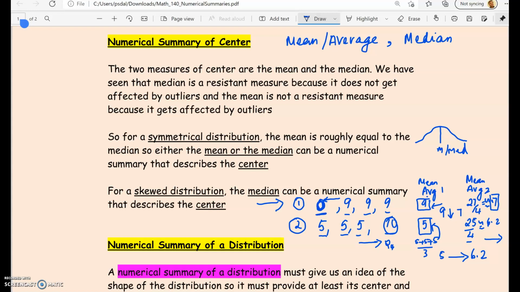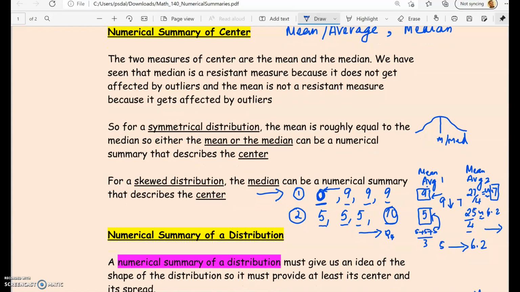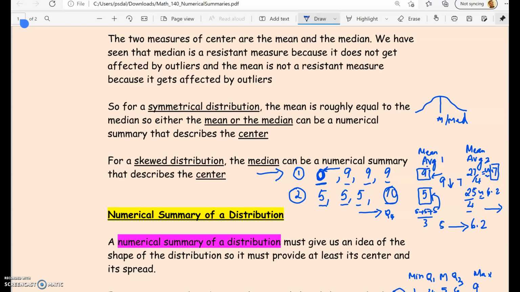So the mean is not a good representative of the center if the distribution is skewed either to the left or to the right, which means that if you have low outliers or high outliers, then the mean or the average is not a good indicator of the center. So instead of the mean, we use the median, which is resistant to outliers.